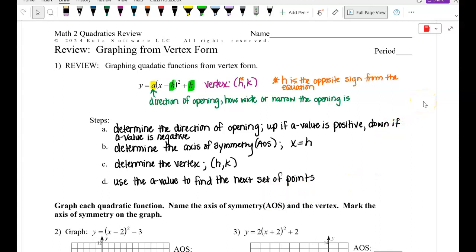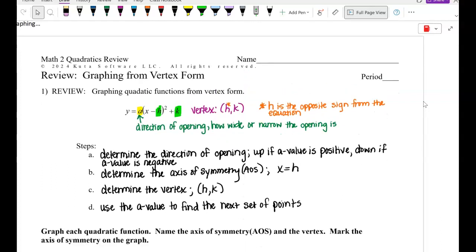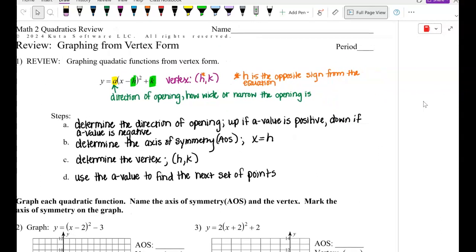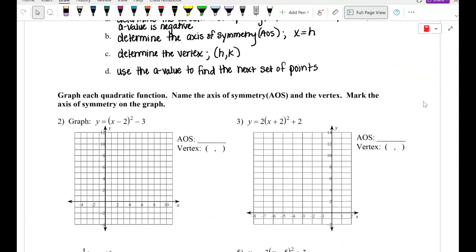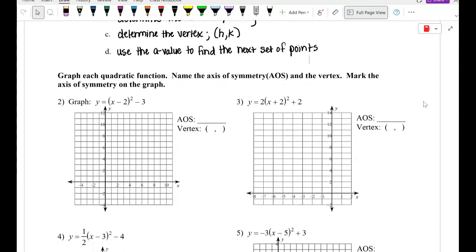All right, so let's now put all this to use in graphing these. The first one tells us to graph each quadratic function, name the axis of symmetry, or AOS, and the vertex. Mark the axis of symmetry on the graph.